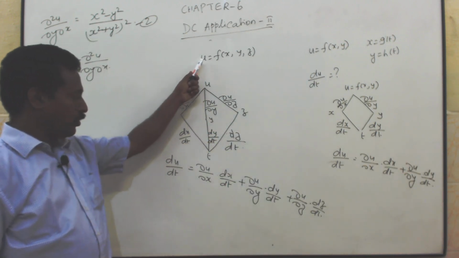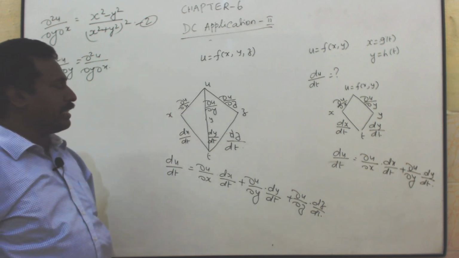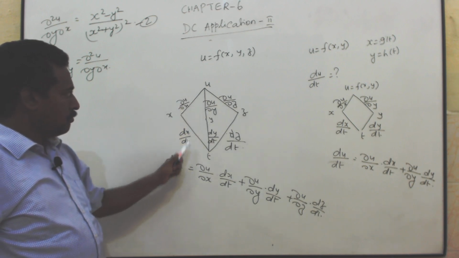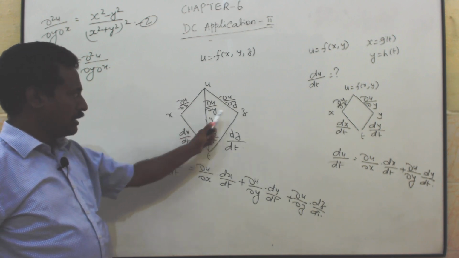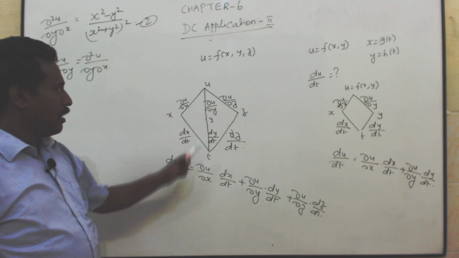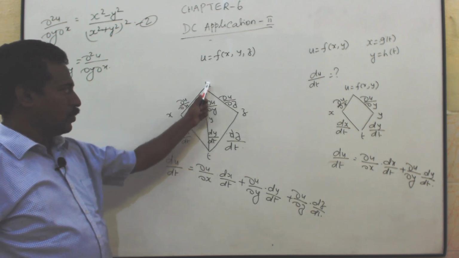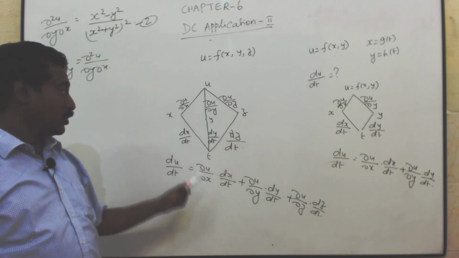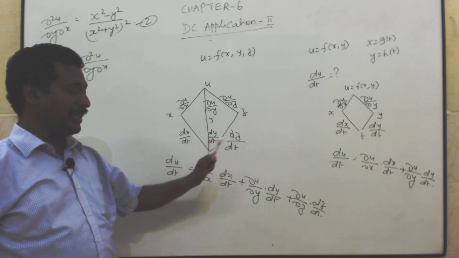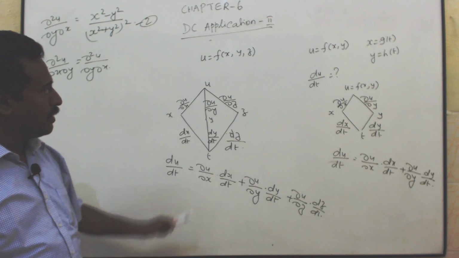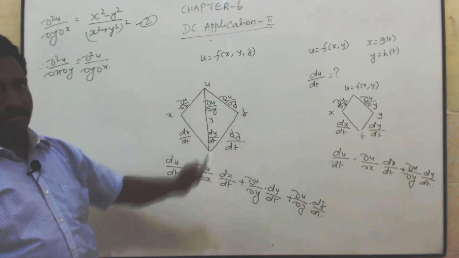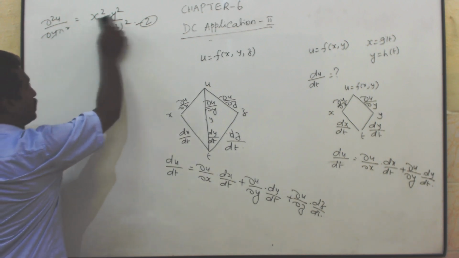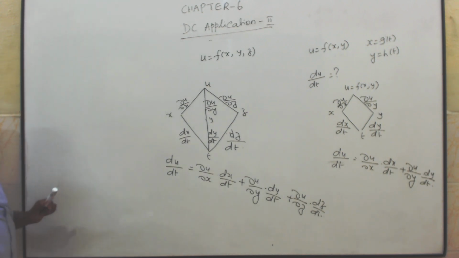Here also we have to find the differentiation of u with respect to t. u has variables x, y, z: dou u by dou x, dou u by dou y, dou u by dou z. x, y, z have a single variable t, that's why dx by dt, dy by dt, dz by dt. This is the chain rule for two variables and three variables. The next one, chain rule for partial derivatives.